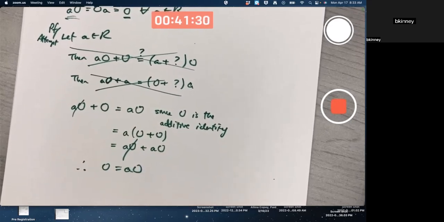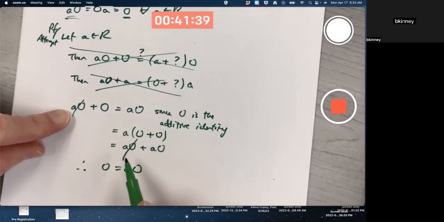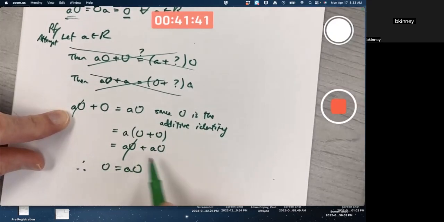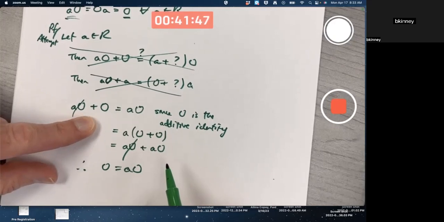It is a group under addition. It's an abelian group under addition. We had the cancellation law from group theory. I sort of tried to emphasize canceling the A times 0 on the left, but because it's abelian under addition, I wouldn't have to think of it that way. If this happened to be 0 plus A times 0 up there, I could still cancel one of the A times 0 terms.